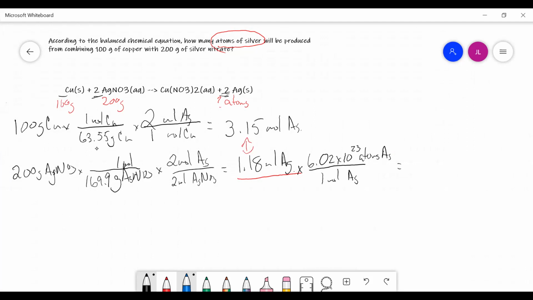So we take that 1.18 times 6.02 times 10 to the 23rd, and we end up with 7.1 times 10 to the 23rd atoms of silver. So I hope that helps explain how this was all figured out.